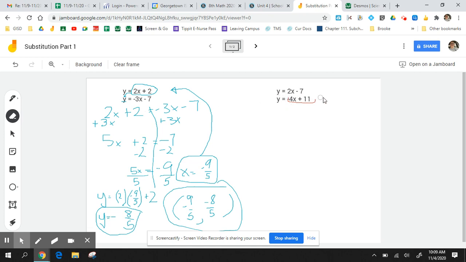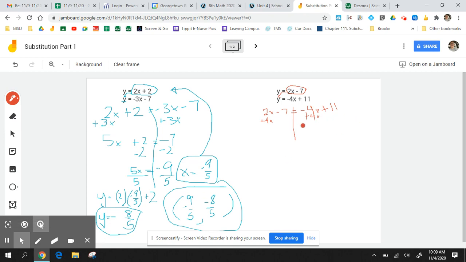It will work out exactly the same way. But for this example, I'm just going to keep plugging that top equation that's already solved for into this bottom y value. So I have 2x minus 7 equals negative 4x plus 1. So try solving that.